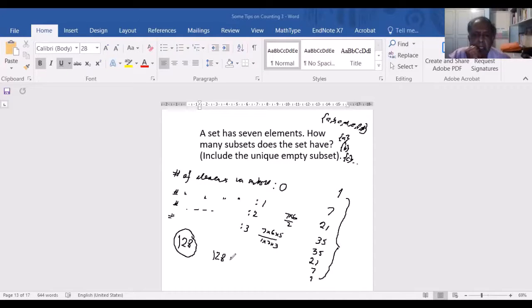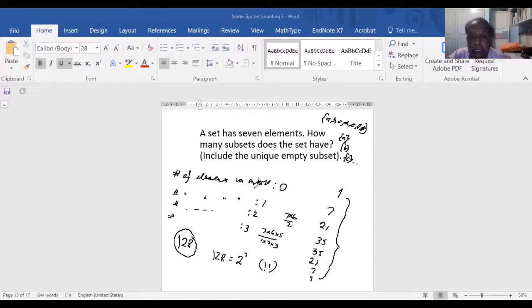Is this a coincidence? This is also 2 to the power of 7. I'm not putting it next to that, otherwise it will be a factorial. So the number of subsets of a set having 7 elements is 2 to the power of 7. Is that a coincidence? The answer is, it is not.